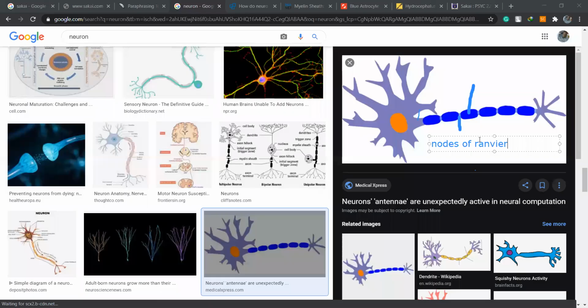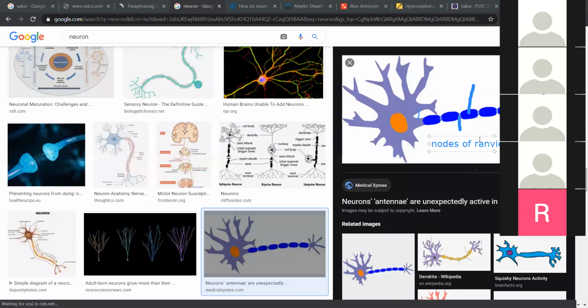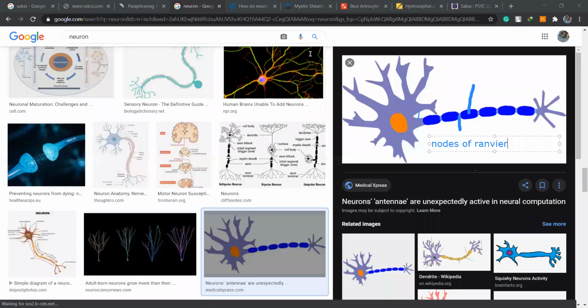But sometimes your lecturer could frame this question: within which part of a myelinated axon does action potential take place? In the first diagram that I showed you, where you didn't find any myelin sheath, action potential normally takes place within an axon.